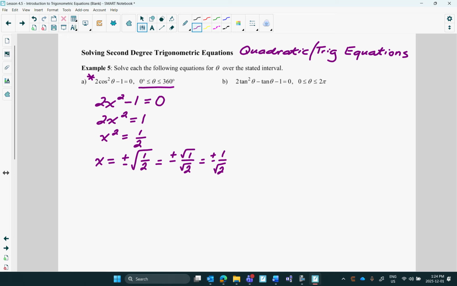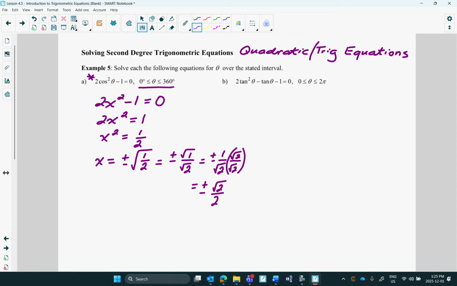So I could write it like that, plus minus 1 over root 2. However, last year, remember, we took out the radicals in the denominator, the square roots. What did I multiply by? Root 2 over root 2. So that gives me plus minus root 2 over 2. That's a lot of work there. But there's a reason for that, because is that a unit circle value? Yes.